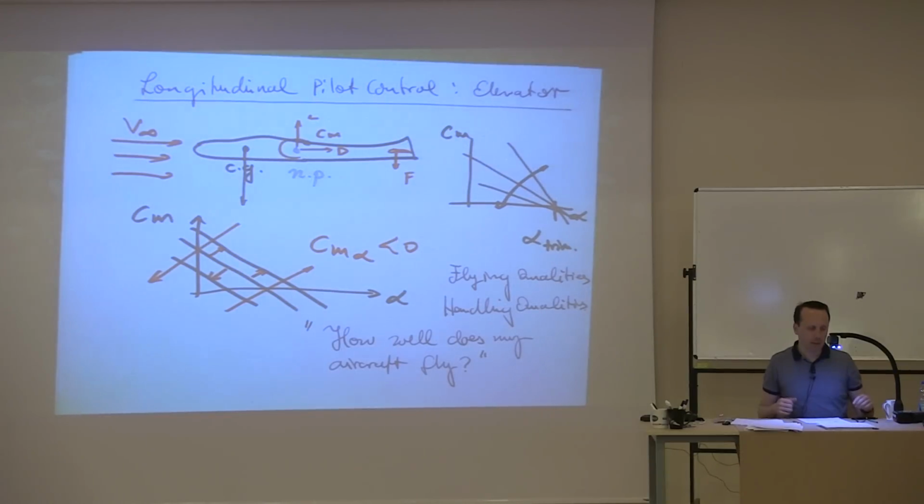Okay? And in aerospace, we have certain scales that we can rate or classify airplanes. We say this is a handling quality level 1 airplane, which means it is a very nice airplane to fly. Level 1 is a very good airplane to fly. You might have other airplanes that are not so nice to fly.